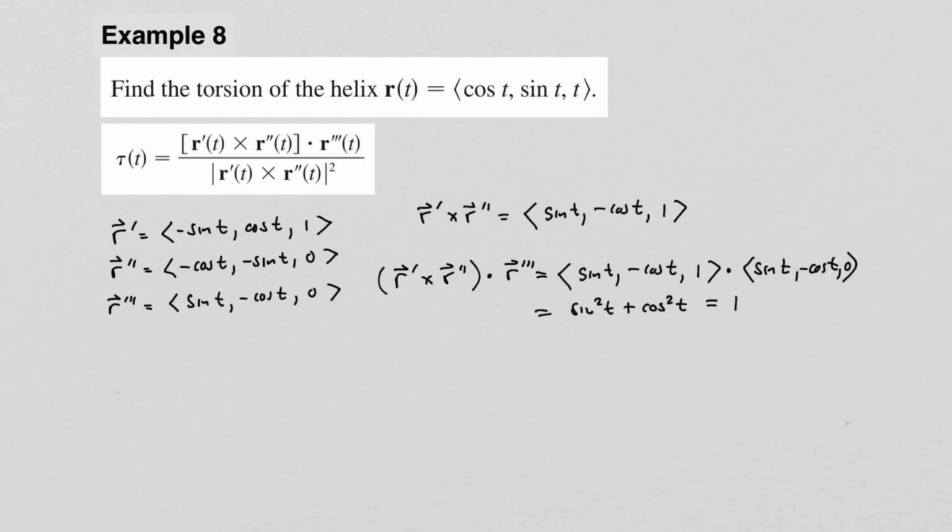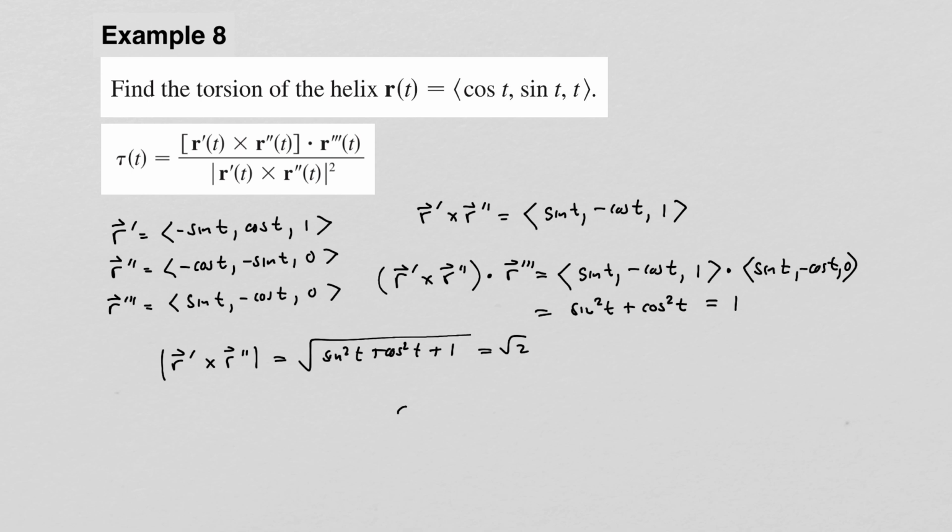Now we need to take r prime crossed with r double prime and find the magnitude. Well, again, we already have that vector right here, and so the magnitude of r prime crossed with r double prime is simply the square root of sine squared of t plus cosine squared of t plus 1, which is the square root of 2.